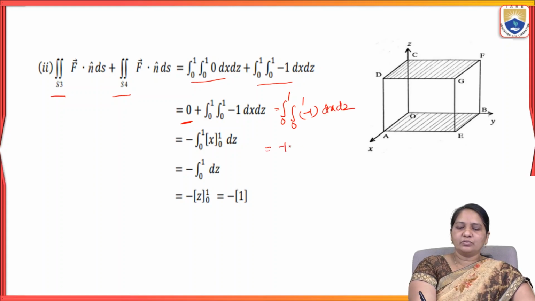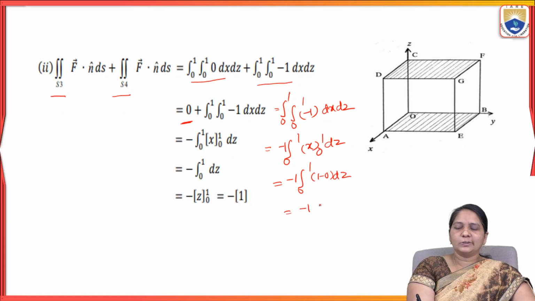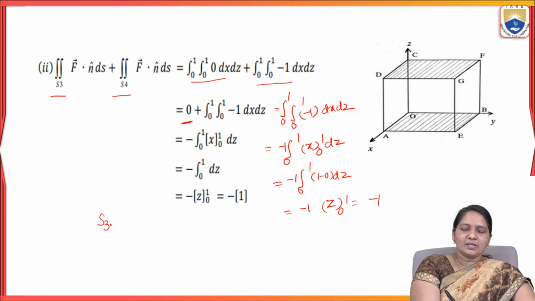So, minus 1 into integral 0 to 1, integral dx is x, limits are 0 to 1, into dz. So, minus 1 integral 0 to 1, 1 minus 0 dz. Here minus 1 integral dz from 0 to 1, so finally this is minus 1. So, S3 plus S4 value is minus 1.